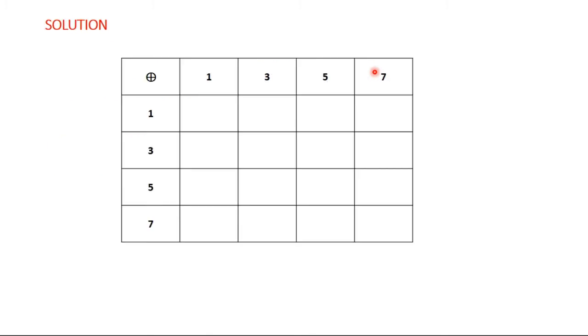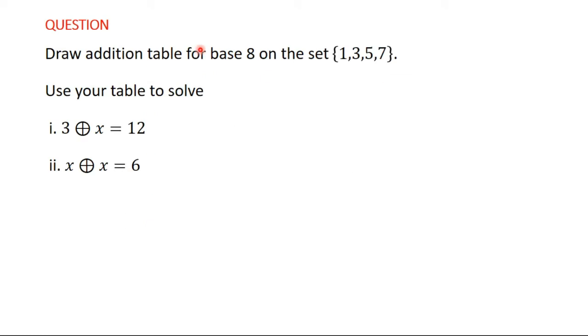So in drawing the table, these will be the numbers in the table: 1, 3, 5, 7 across and 1, 3, 5, 7 down. It is addition, so you bring your addition sign here. The question gave us 1, 3, 5, 7, so we have to use the set that the question gave us.